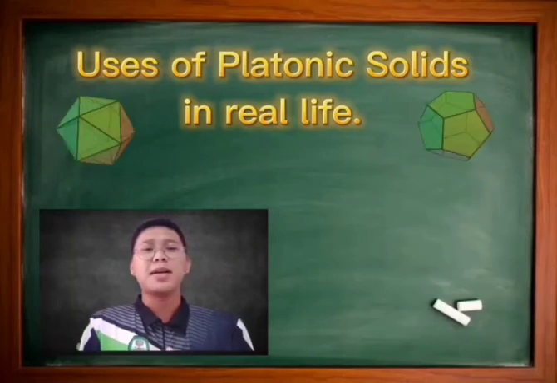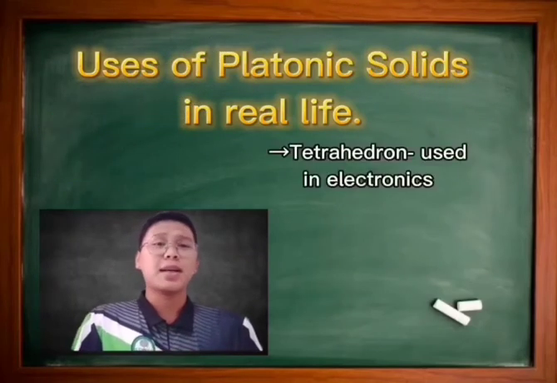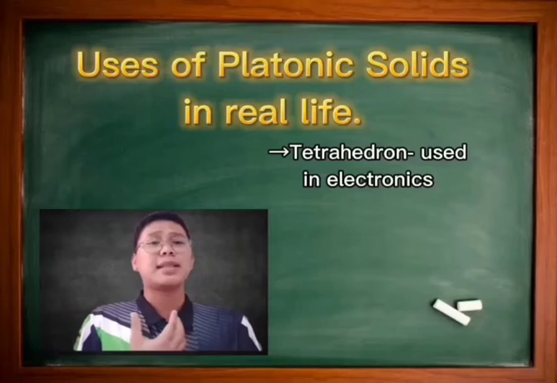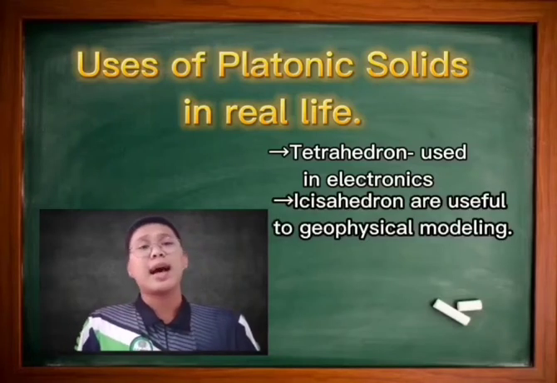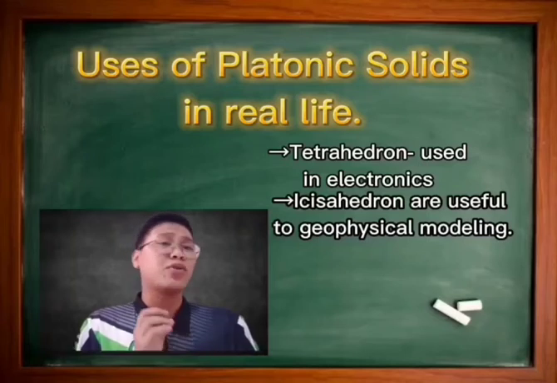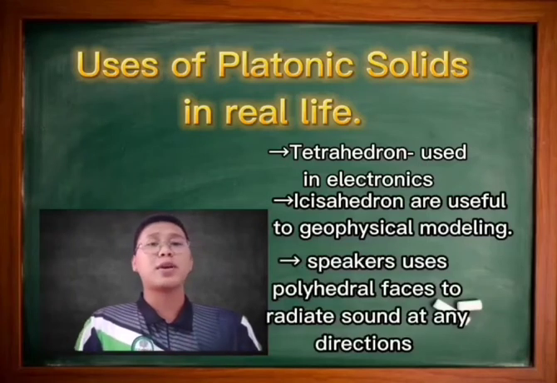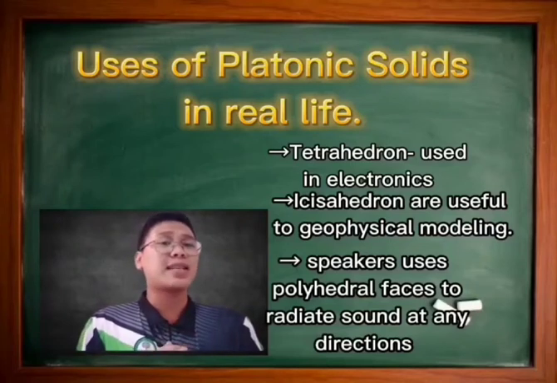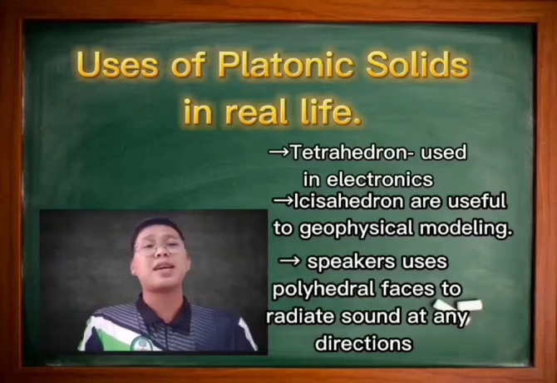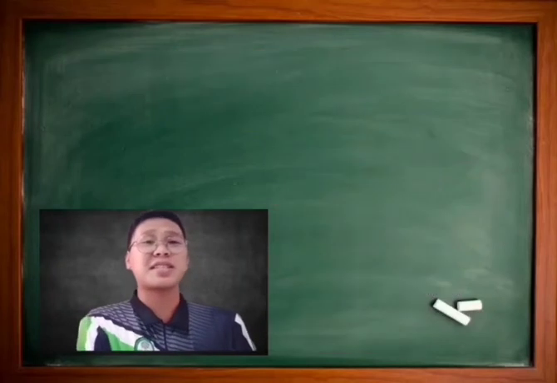For example, the tetrahedron is frequently applied in electronics. In terms of geophysical modeling, icosahedrons have proven to be useful, and if you observe, most speakers have polyhedral faces because they are used to radiate sound in all directions.